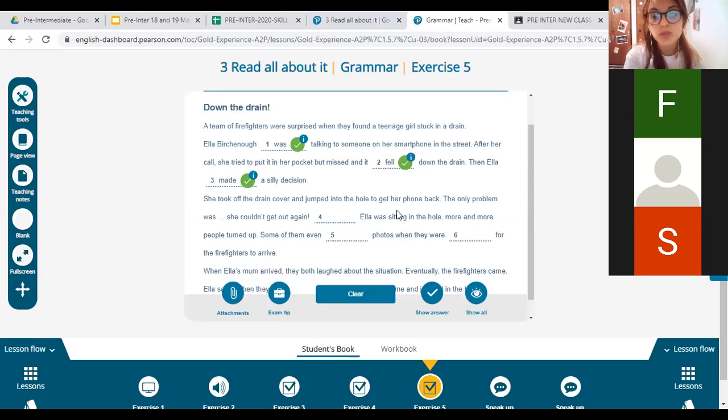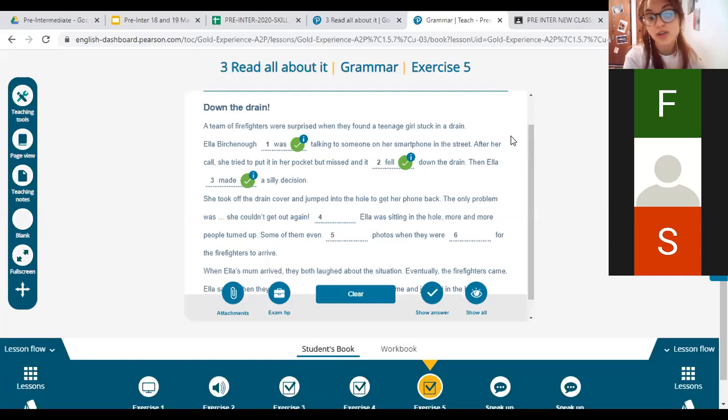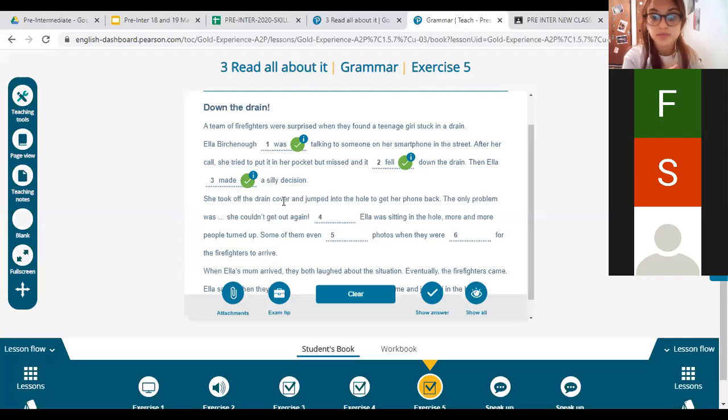So in this case, we say Ella made a silly decision. Here again we are encountering collocations. Collocations are words that usually go together. So we say, do your homework, make a cake, make a decision. We do not have any deeper explanation than just they go together. But the past simple was correct.